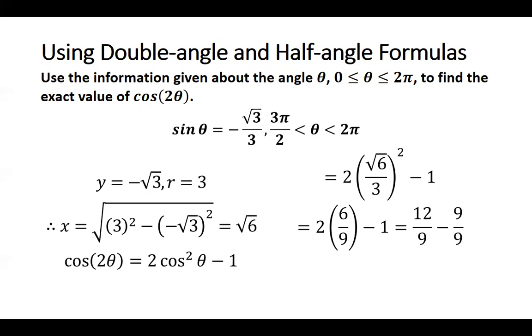So 12 ninths minus 9 ninths. 12 minus 9 is 3, so 3 ninths or 1/3. So what could have been something really horrible for us to deal with was solved relatively easily using the Pythagorean theorem and a double angle formula.